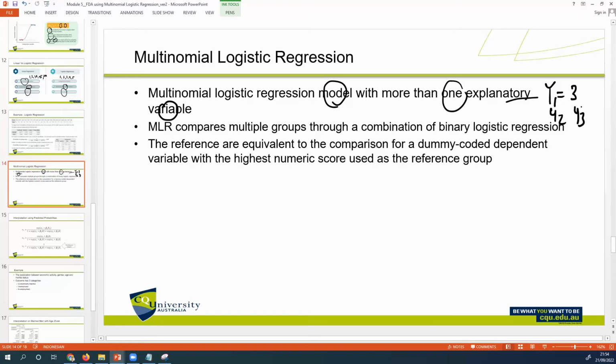The multinomial logistic regression compares multiple groups through a combination of binary logistic regressions. The reference is equivalent to the highest numeric score used as the reference group.